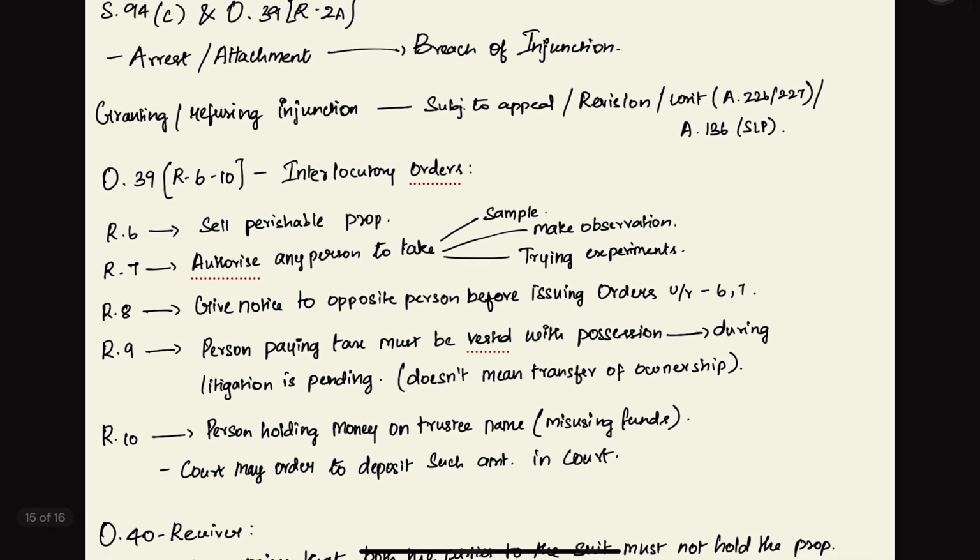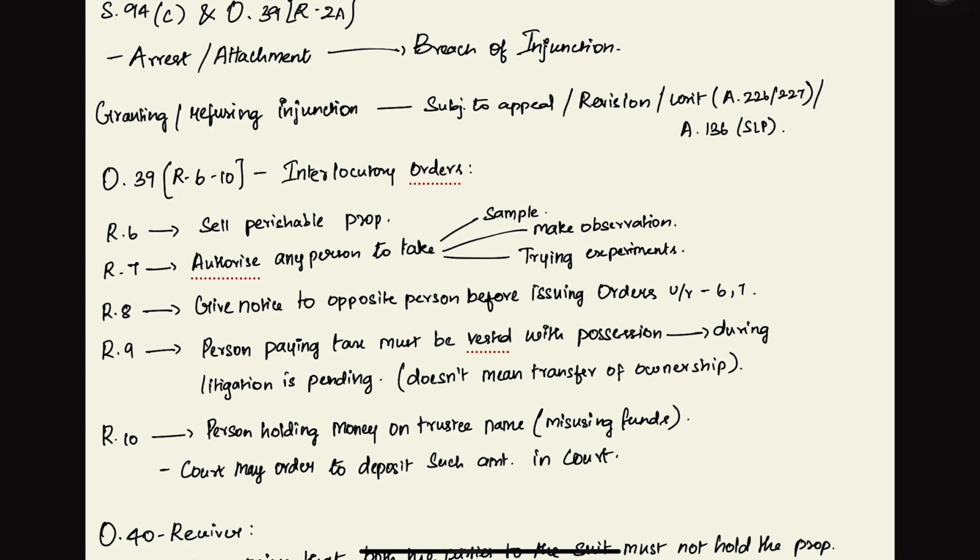Another type of interim order is interlocutory orders, which is provided under Order 39, Rule 6 to 10. Interlocutory orders are generally granted for selling perishable property, because property that is perishable in nature cannot be kept for long terms.